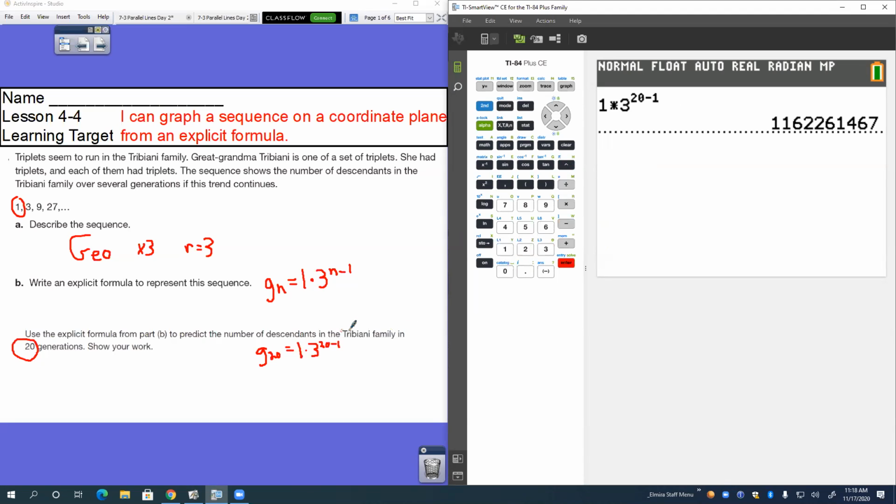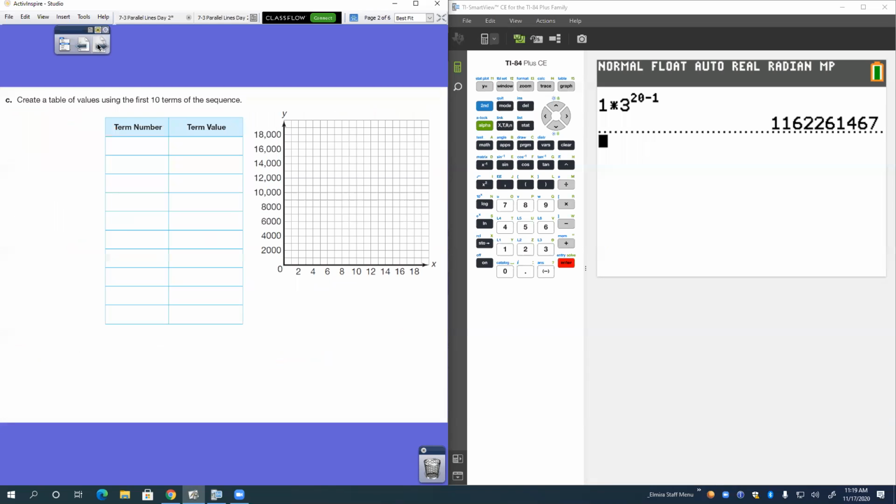Hit enter. I get a really, really big number. That number is 1 billion, 162,261,467. So that is a really, really, really big number. And that happens in geometric sequences a lot.